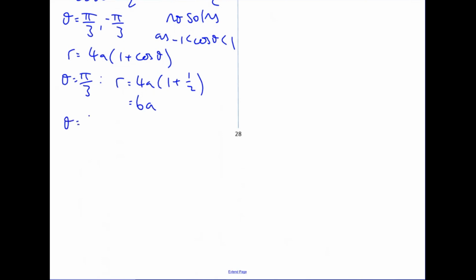And if I get theta equals minus pi over 3, I'll get the same thing. If you stick in theta minus pi over 3 into cos, you also get a half, so you also get 6a.